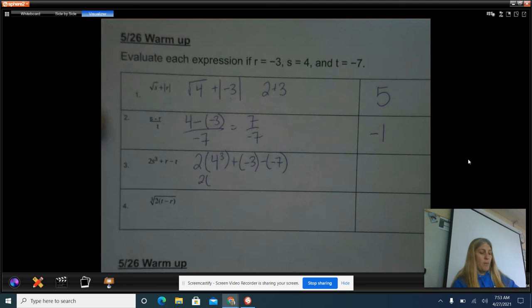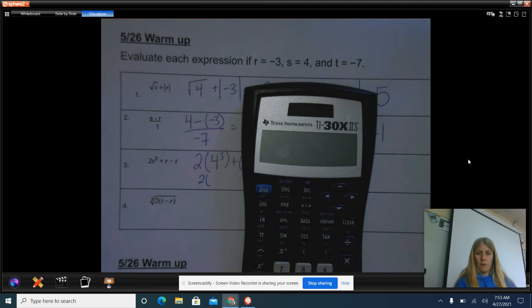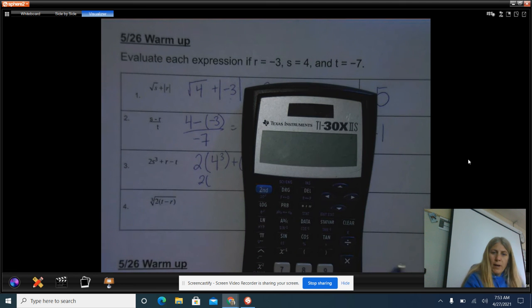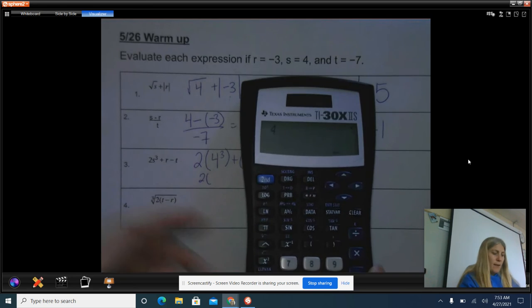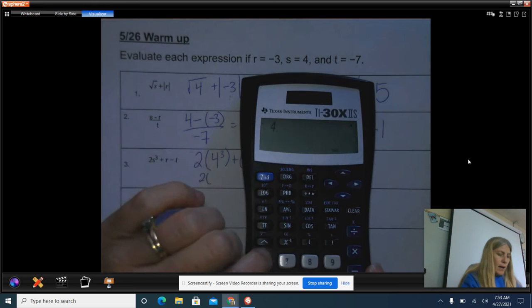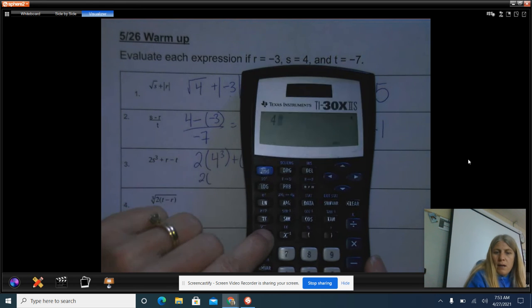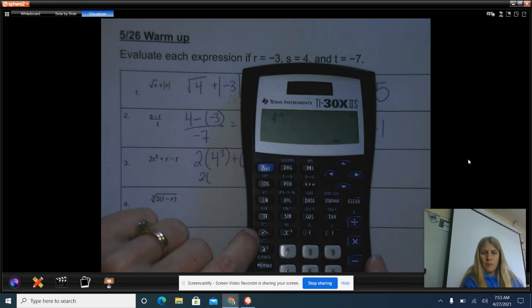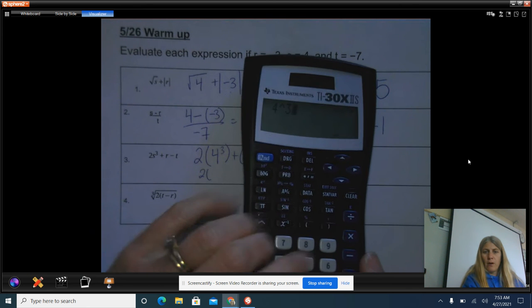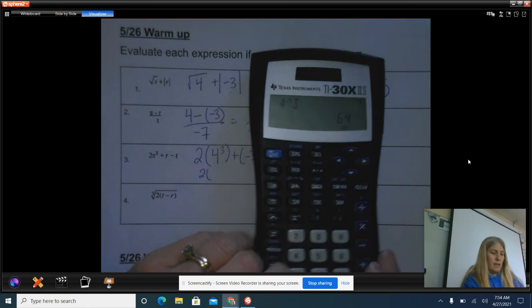So 4 to the third power, to use it on our calculator, it's 4 times 4 times 4. We're going to press 4, and then go to the third power. We press the caret, as we call it, to the third power, and that tells me that is 64.